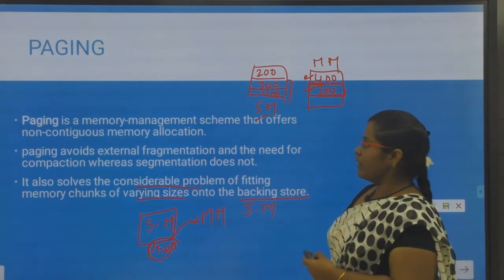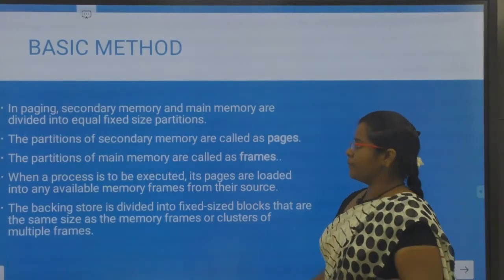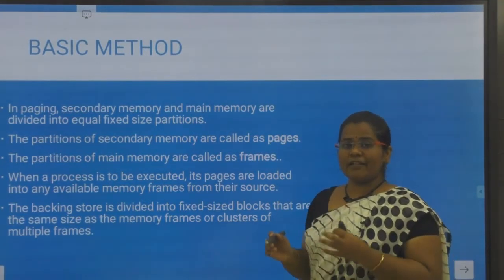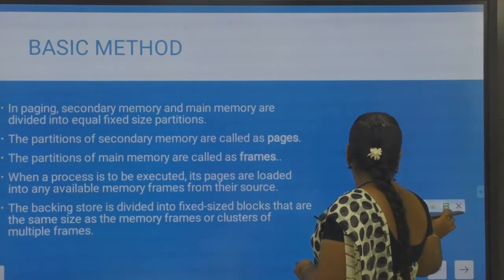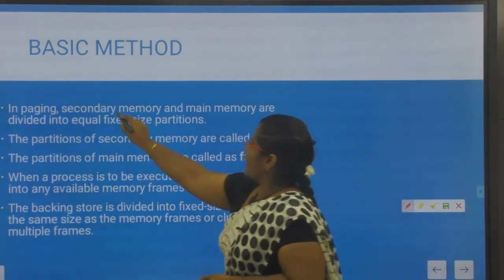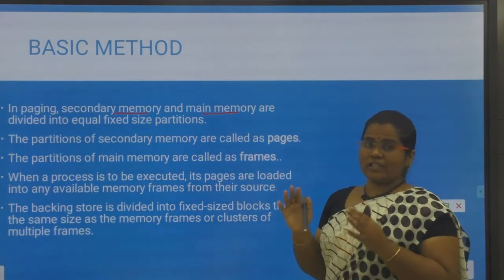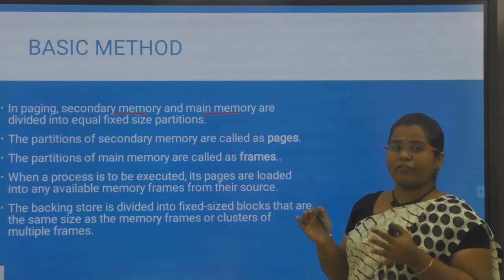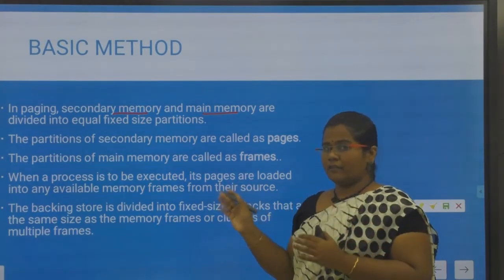Let us go with the basic method of paging. In paging, you will divide both the secondary memory and the main memory into partitions, and the sizes of your partitions will be fixed.